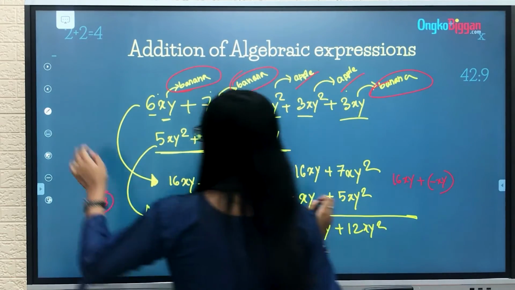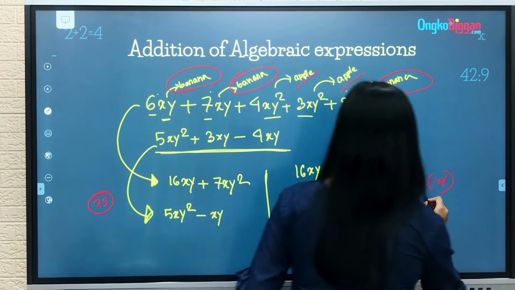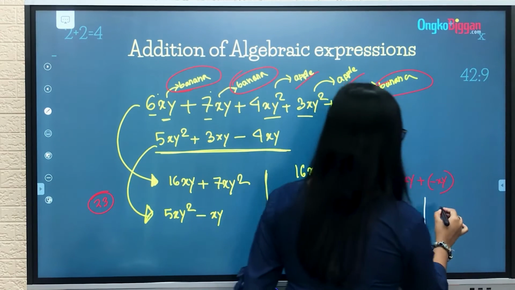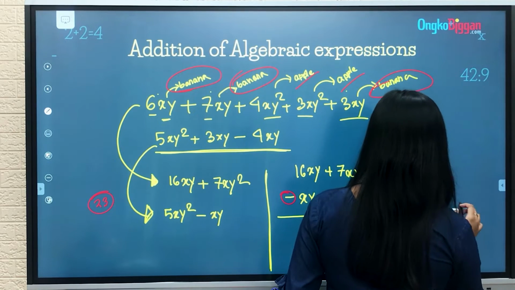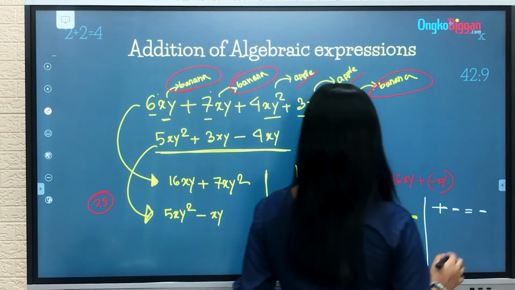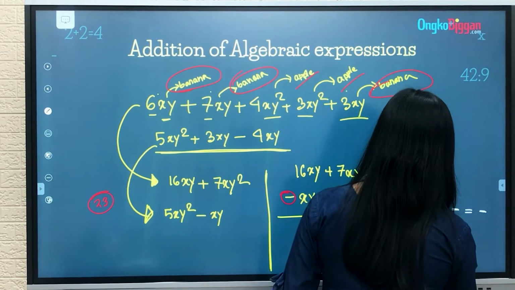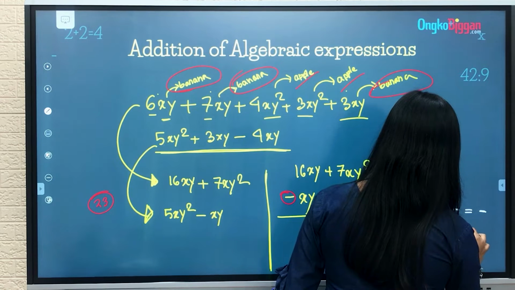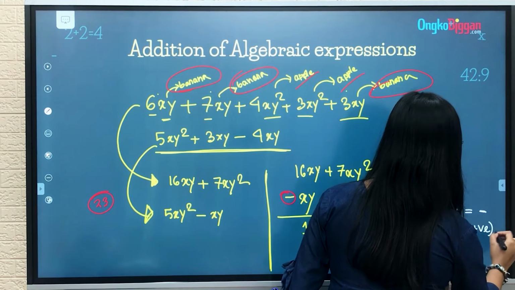One thing I don't know whether you know or not, but I am making it clear: if there is a plus sign and a minus sign, plus and minus will give you a minus value. Again, if you have a minus sign and another minus sign, you add the values and the sign will be minus.